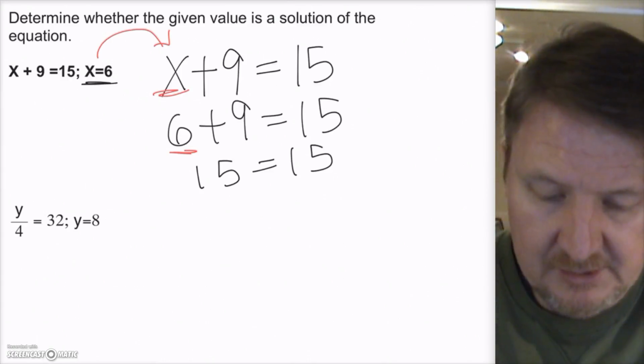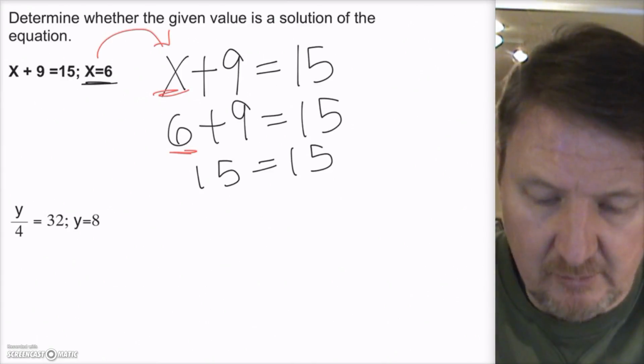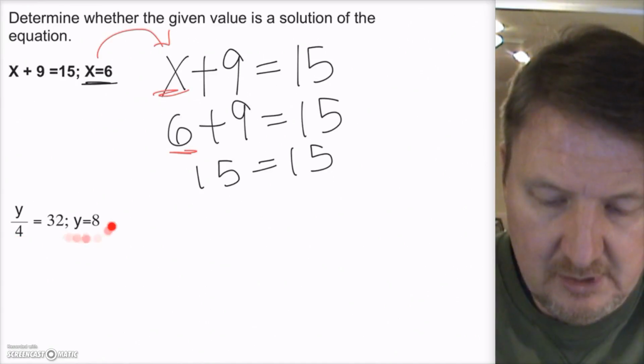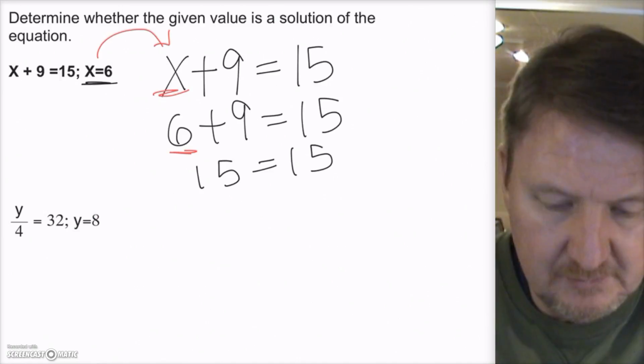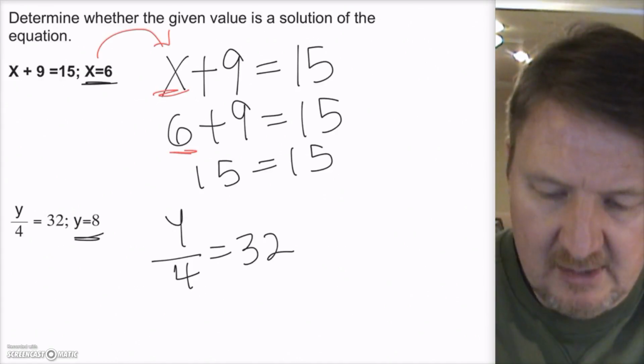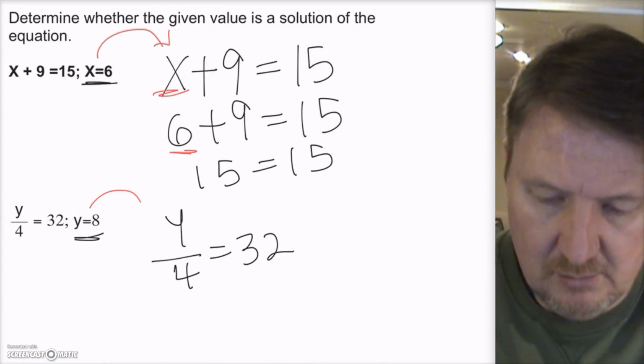All right, so let's look at the second one. We have y over 4 equals 32, and we have y equals 8. So I'm going to substitute 8 for y.